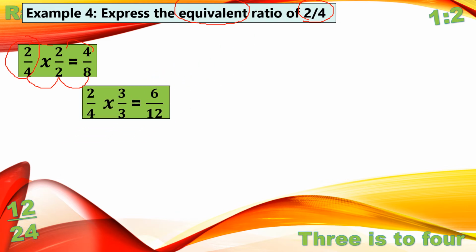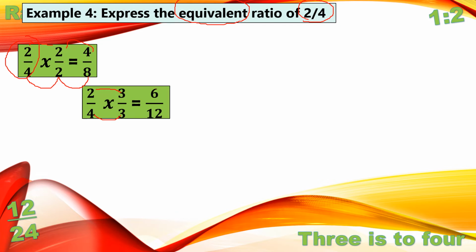Next, 2/4 times 3/3 equals 6/12. So, again, kung ano yung itimes mo dito sa numerator, yun din yung itatimes mo sa denominator para makuha mo ang equivalent ratio.